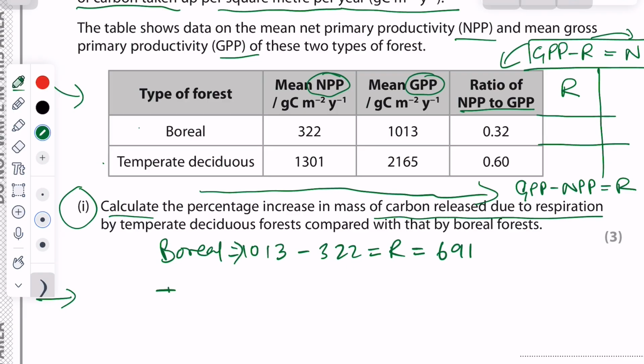And then for temperate deciduous, 2165 minus 1301 equals R. So that's RB, and that's RT, equals 864.